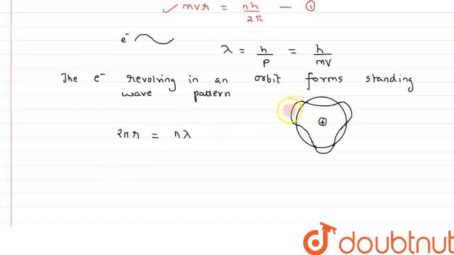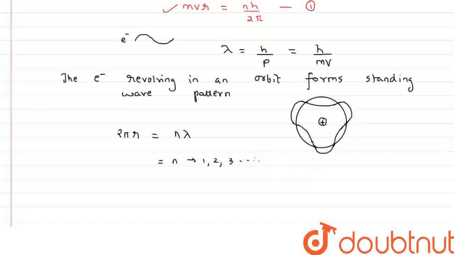So n is nothing but an integer value, again 1, 2, 3 and so on. It cannot be a fraction or decimal. So whenever the electron is moving, it is associated with some wavelength, and the number of waves is an integer. As we can see, one wave is this, another is this, and another is this. Three waves we can see over here.